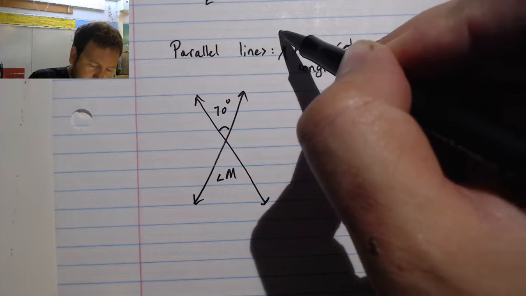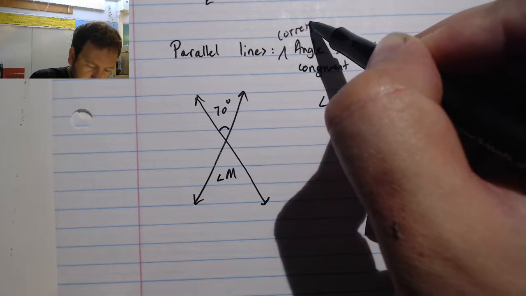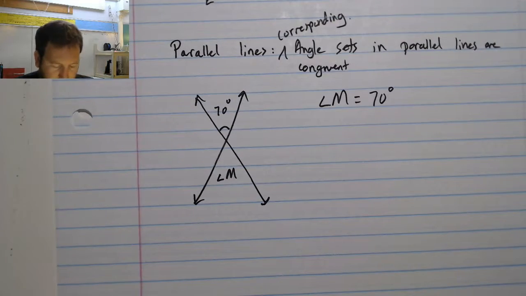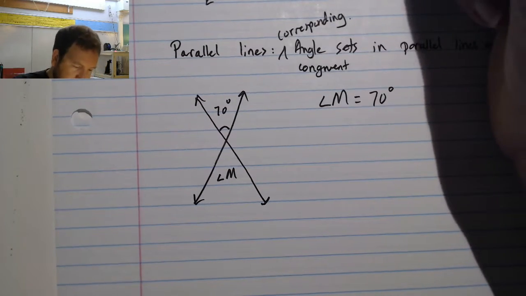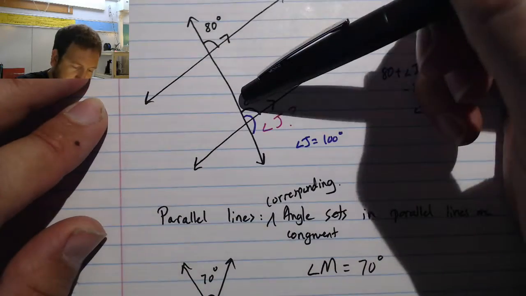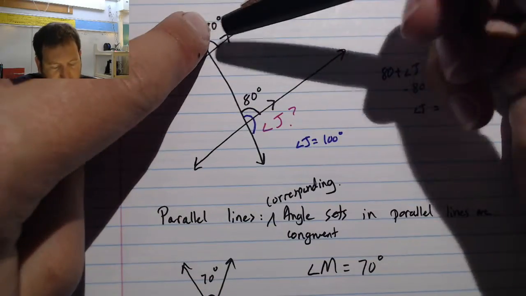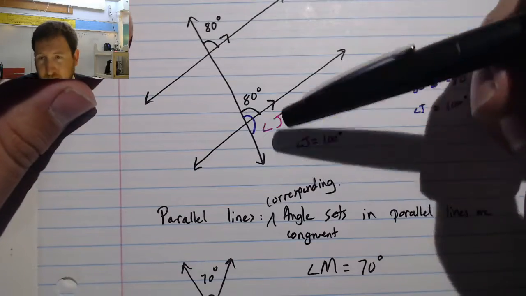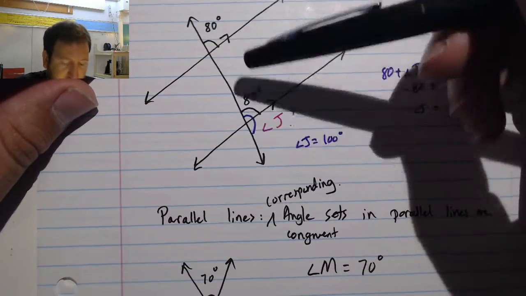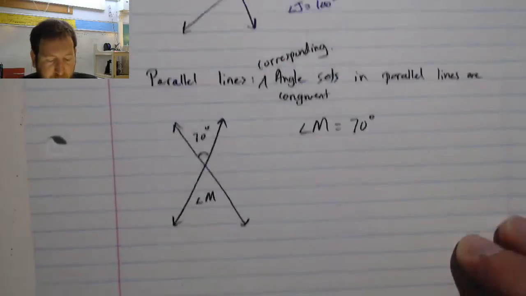Actually, this should be corresponding. That means if I have an angle here, it's going to be equal to this angle. But this angle isn't going to be necessarily equal to any of the other ones in this set. But the corresponding angles, the angles in the same areas, will be the same.